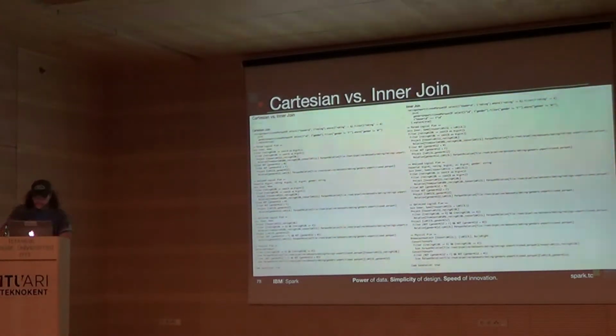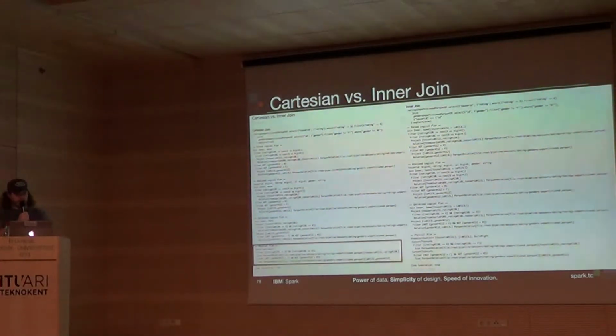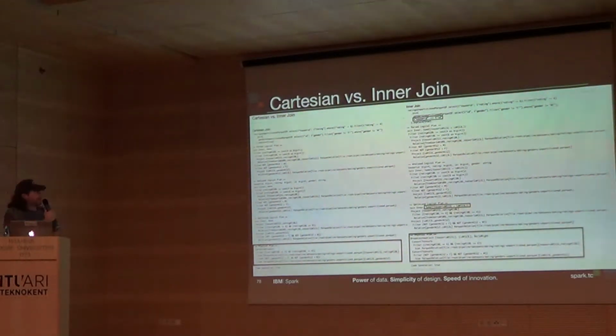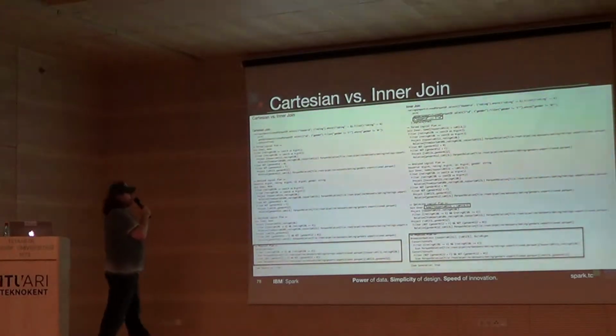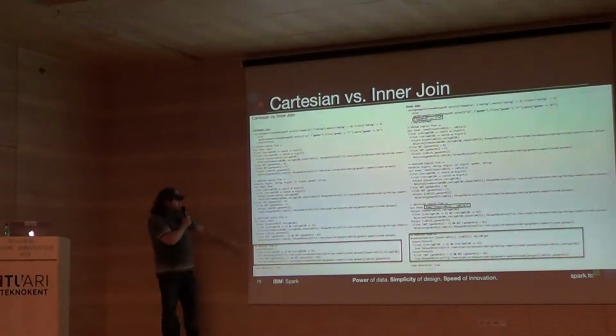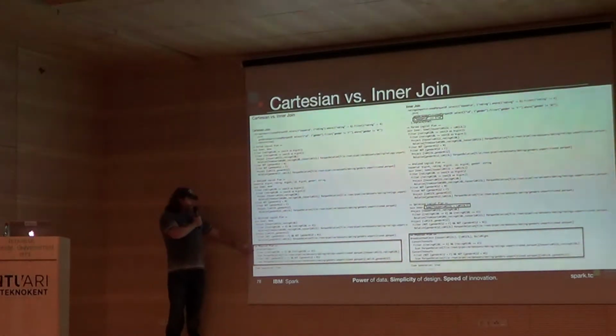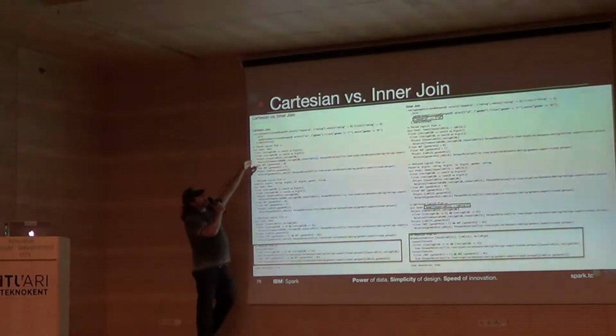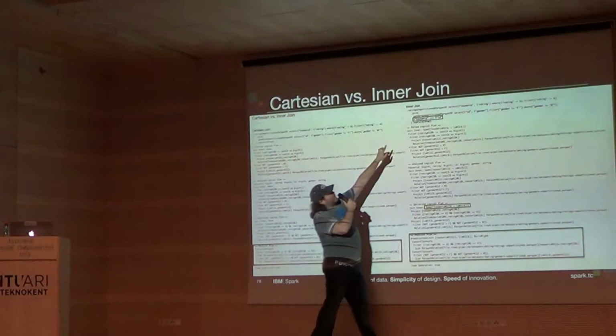All right, let's see, this might be too small for human consumption here. So this is an example of, this may be difficult to see, but basically there's this Cartesian product. So this is joining. This is where someone forgot to put in the join criteria up there.